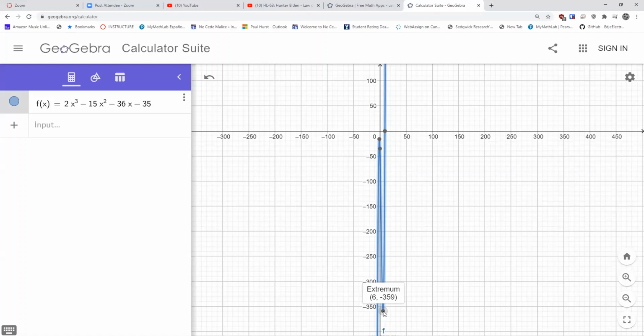That will be the local minimum. And if I click that point there, that's going to be the local maximum, (-1, -16). Let me put those 2 points on there.